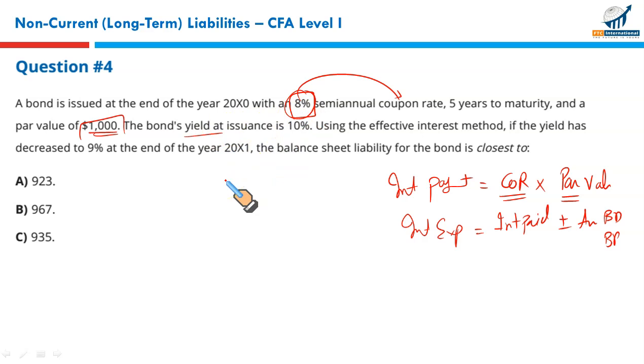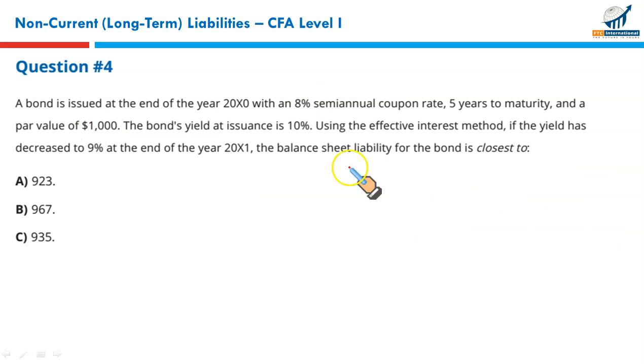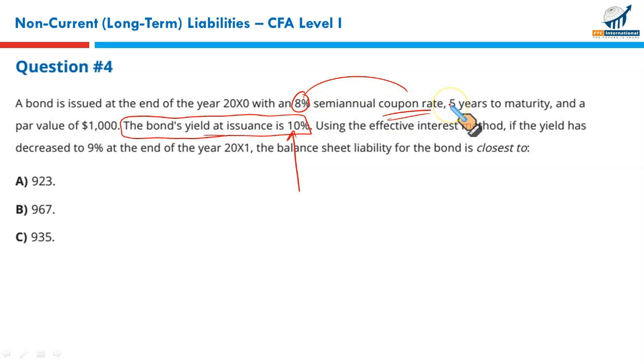Remember, for the present value computations, you must always discount the principal and the interest payments at the original effective rate when the bond was issued. That's an important point. Interest is paid at the par value multiplied by the coupon, simple. But the discounting is done at the rate that was prevalent at the issue date, and that rate is not the coupon, it's the effective rate or the yield.